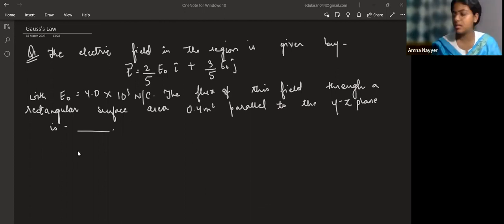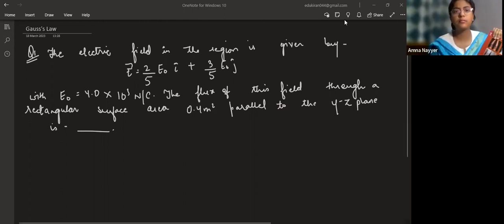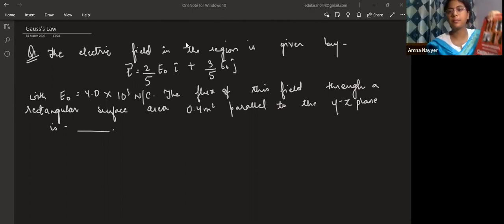See, if this is a plane like this, so this axis and this axis, this is the YZ plane, right? This axis and this axis, so this plane becomes the XZ plane, right?